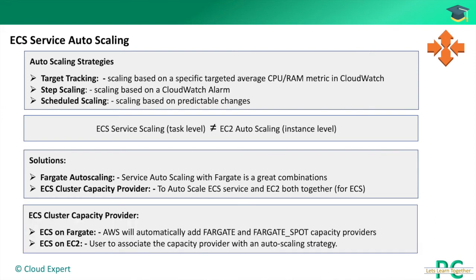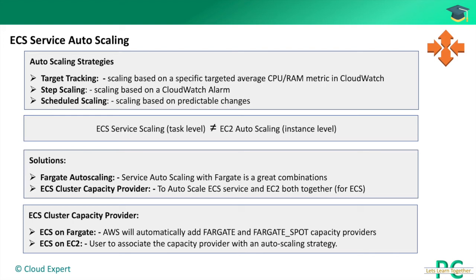Now let's see what an ECS Cluster Capacity Provider is. Amazon ECS Cluster Capacity Providers are used to manage the infrastructure in which your ECS tasks run. Each cluster can have one or more capacity providers and an optional default capacity provider strategy. The capacity provider strategy determines how the tasks are spread across the cluster's capacity providers.